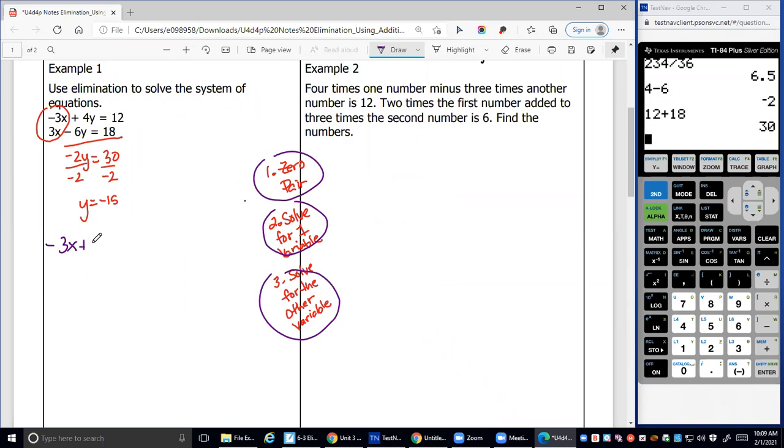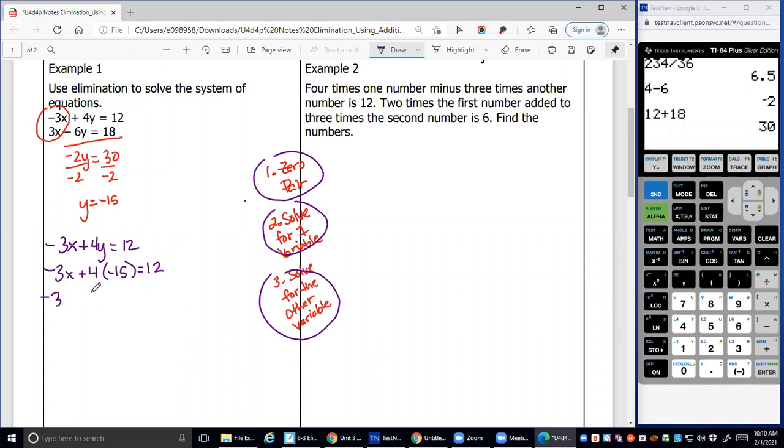Negative 3x plus 4y, oopsie, equals 12. And I'm just going to substitute. All right, when we do this, the first step is that you want to go ahead and multiply, get rid of any parentheses.